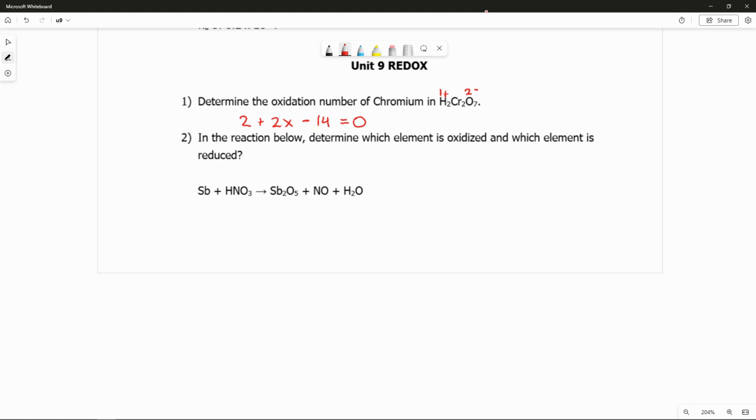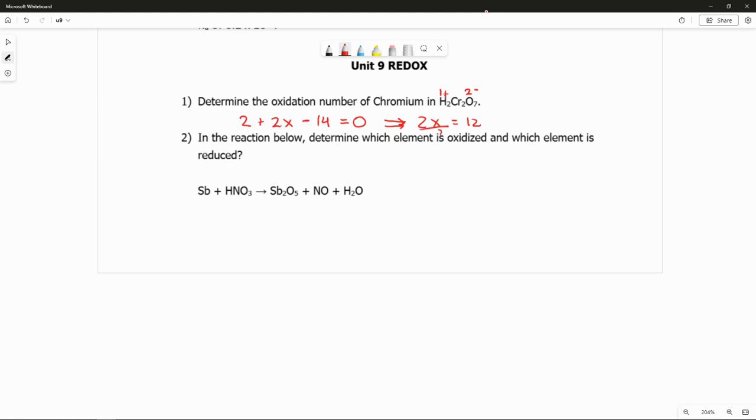Solving this, we add 14 to this side, add 14 to this side, and then subtract 2 from both sides as well. So that gives us 2x equals 12.